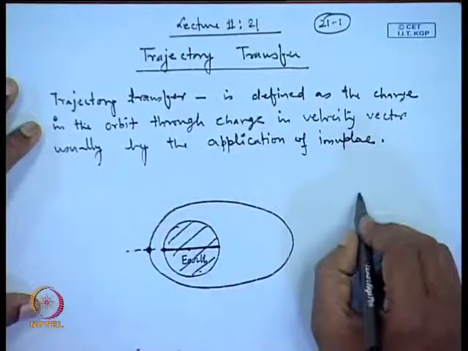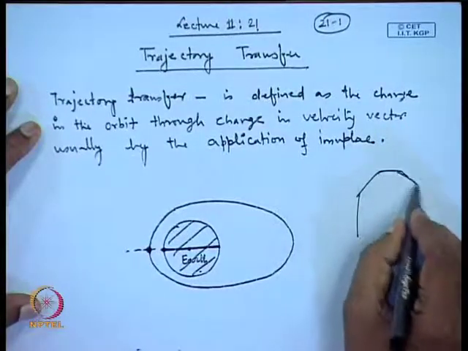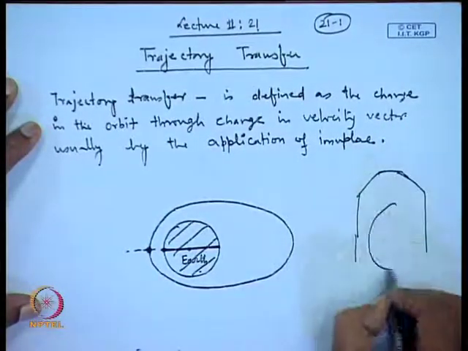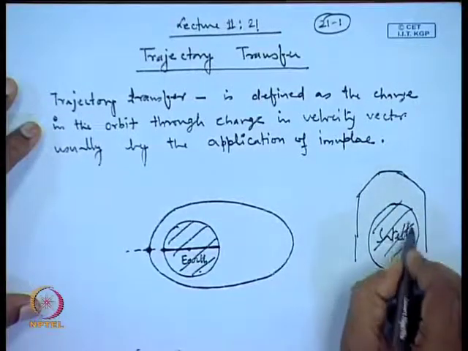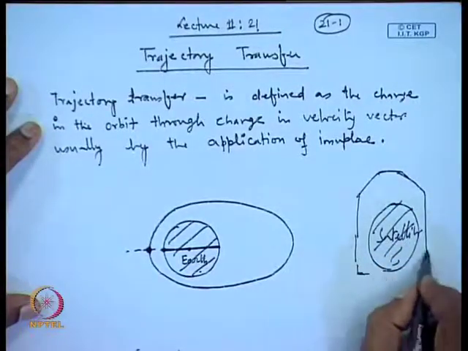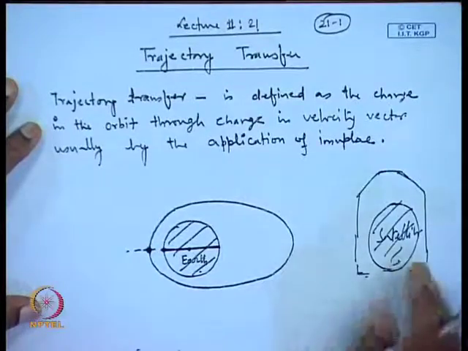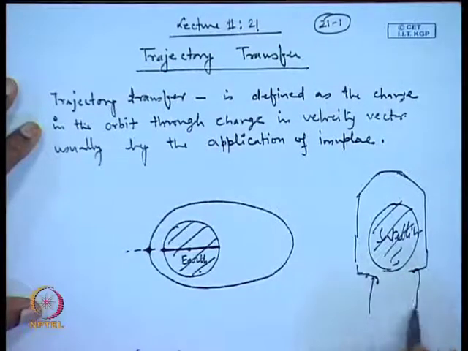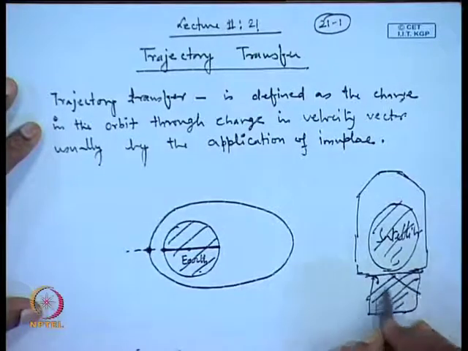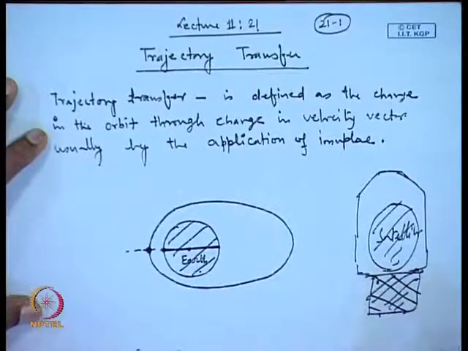Because taking it to a higher altitude, in the rocket you will have the satellite kept inside. This is your satellite. If you want to carry it along, this rocket itself will have some propellant mass. Let us say this is the last stage of the rocket, which we are going to discuss toward the end of this course.